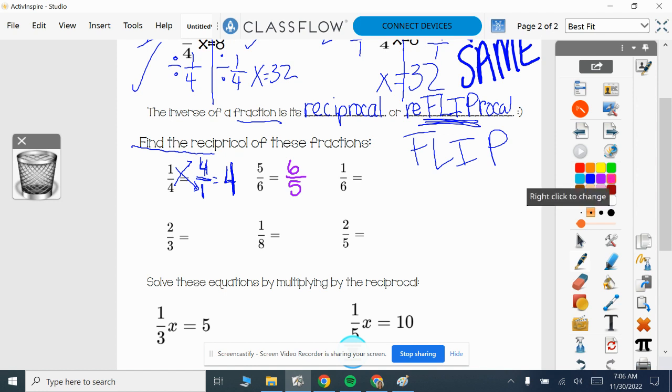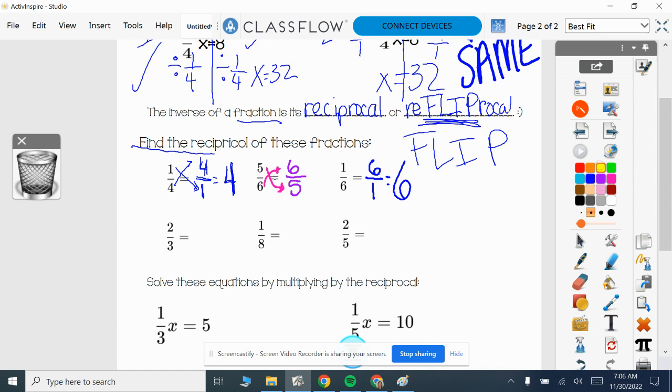I just flipped it. See, 5 went down here and 6 went up there. You see that? The reciprocal of 1/6 is 6/1, which is the same as, you got it, 6, because a fraction over 1 is the whole number.